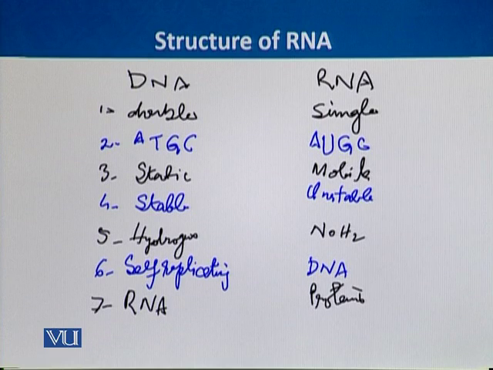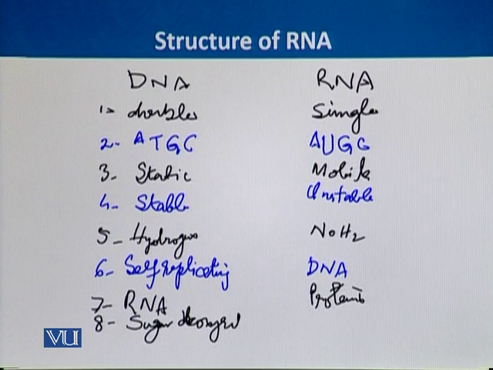And the last and the most important difference is that of sugar molecule. In DNA it is deoxyribose sugar, but in RNA it is ribose sugar. So we have seen that there are many differences between DNA and RNA.